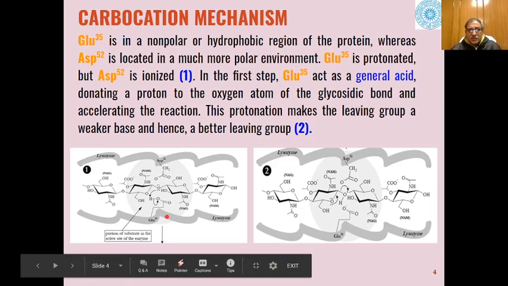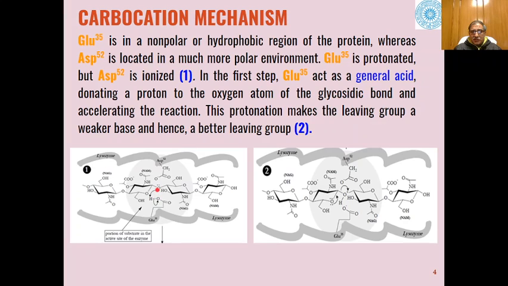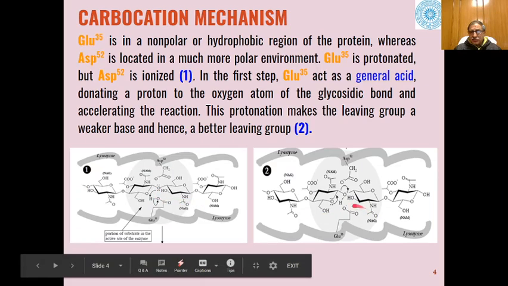In the first step, glutamic acid 35 acts as a general acid, meaning its proton can be abstracted by the substrate. This oxygen, as a nucleophilic center, will abstract this proton and become O positive, and the glutamic acid will acquire a negative charge.